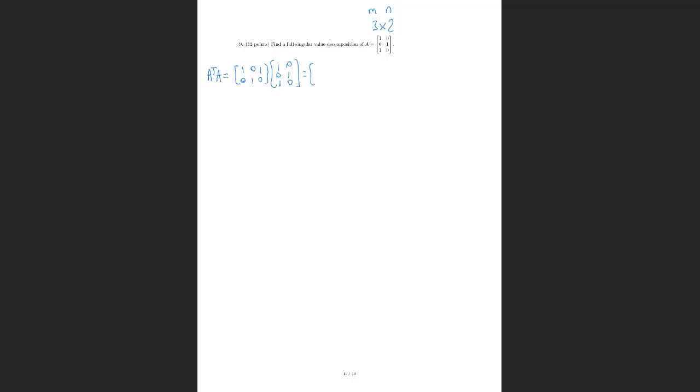So that's going to be 2, 0, very nice, okay. Oh wait, the last one is 1. Okay. So incidentally, since it's diagonal, we can already read off the eigenvalues as being 2 and 1.